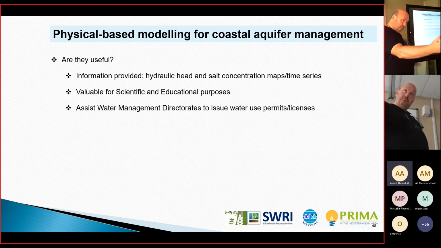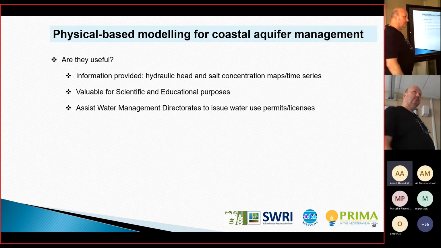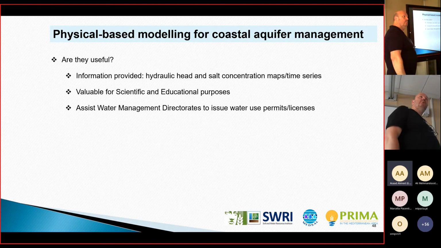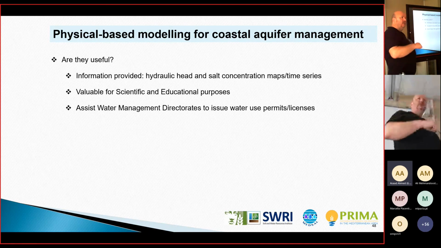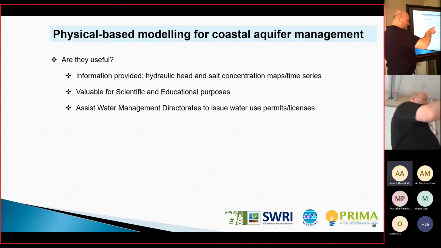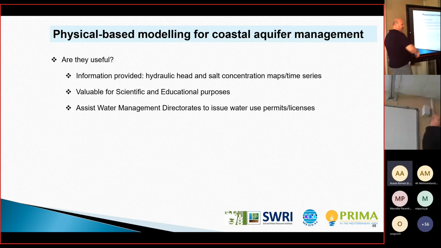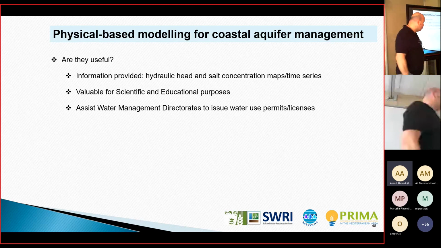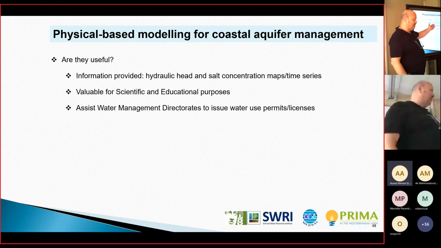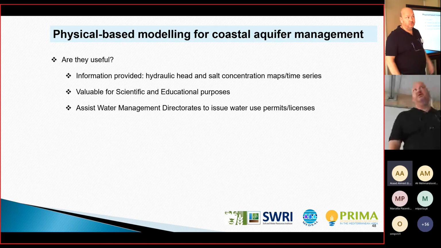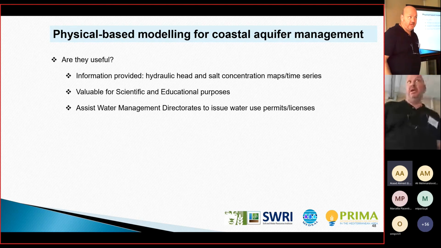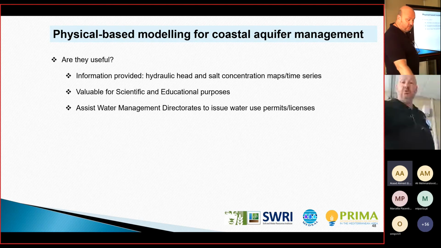For example, in a workshop with farmers, you can show them the effect of reducing pumping. Very similar to what we are saying now is this third bullet, that this model could, and actually should, be used by the water management directorate, even to issue water use licenses. Okay, they could use this model.